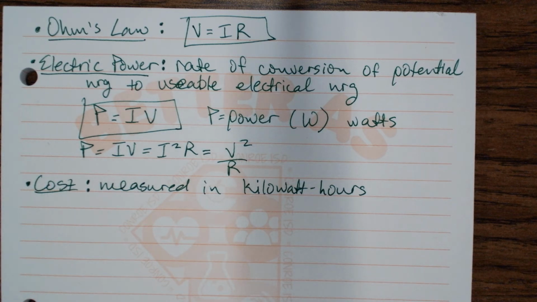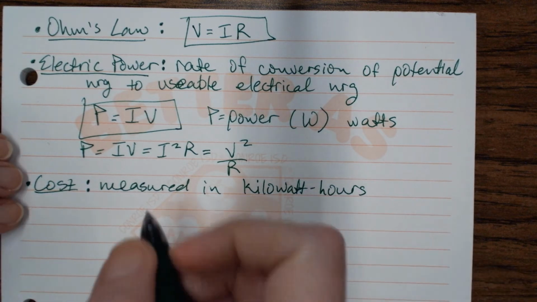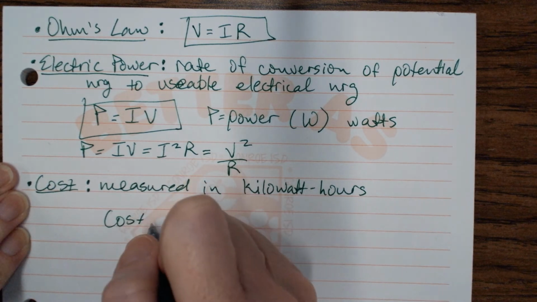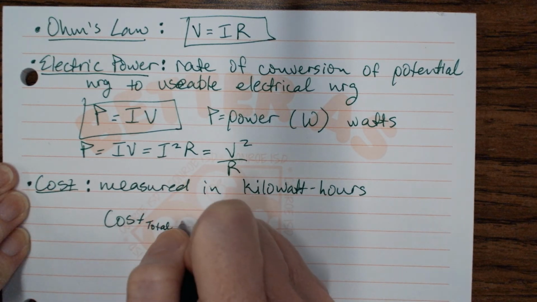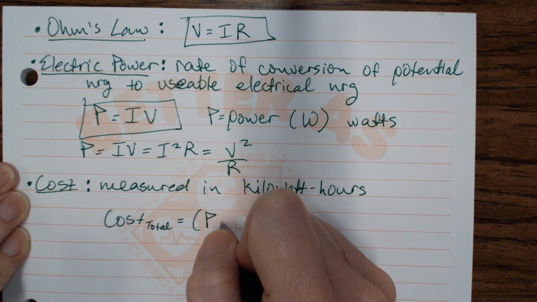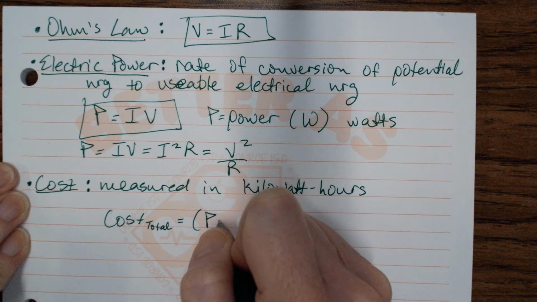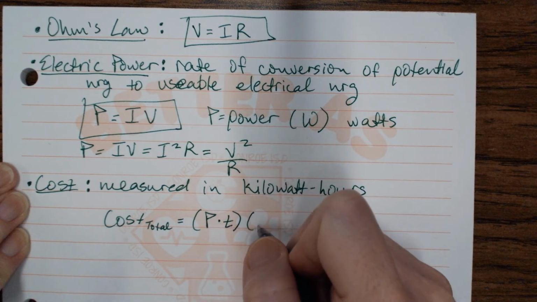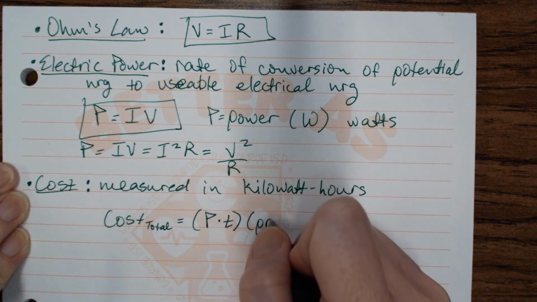Or it's technically in dollars per kilowatt hour. Okay, so the formula for that, cost total, is equal to P times time times, I'm going to go with price.